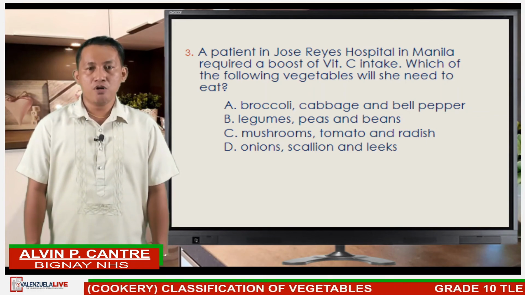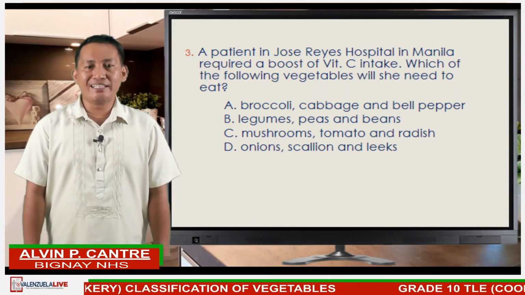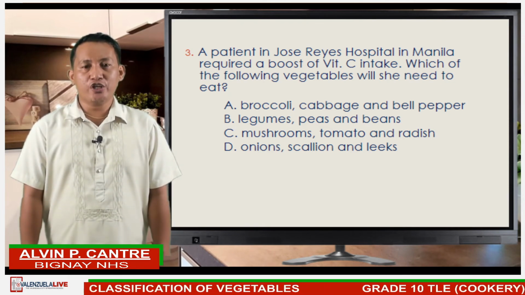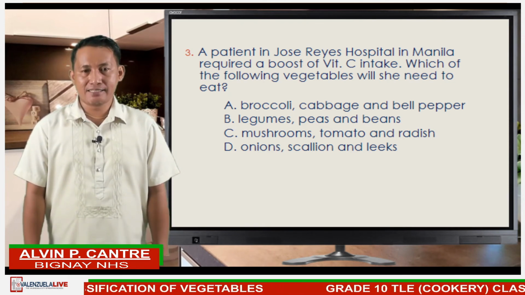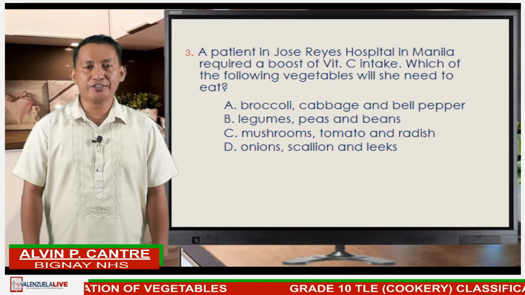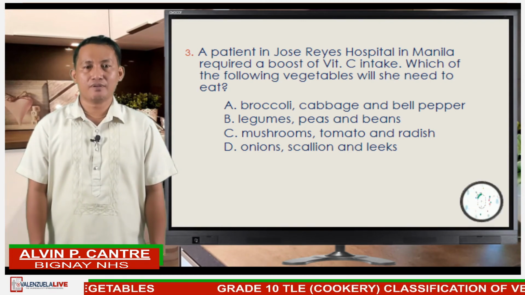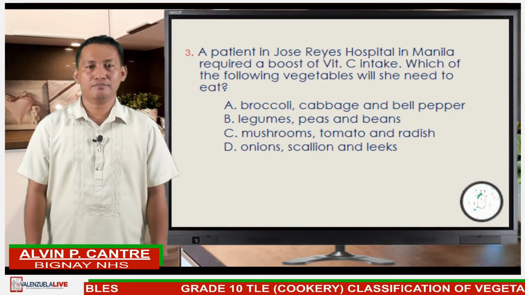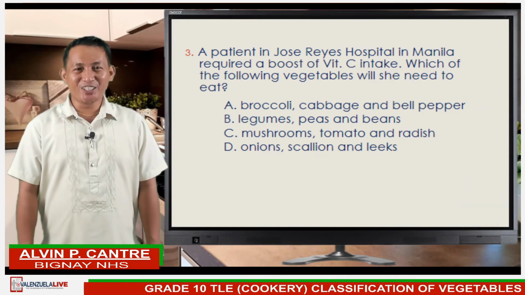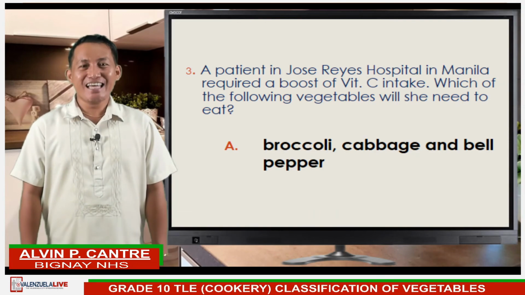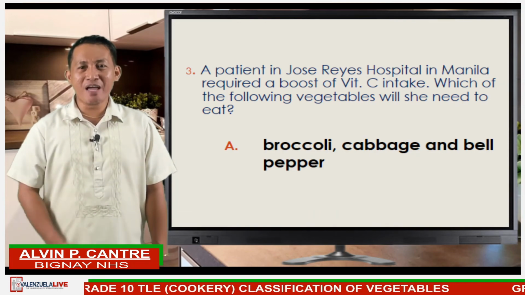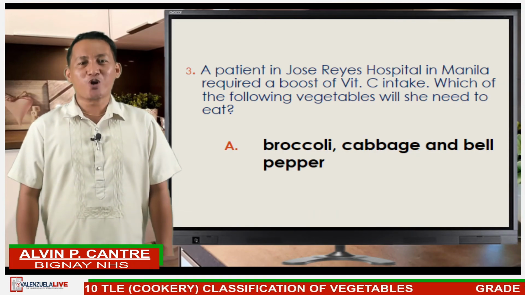C. Mushroom, tomato, and radish? Or is it letter D, onion, shallots, and leeks? Your 5 seconds starts now. If you answered letter A, then put a check on your paper because you are correct.